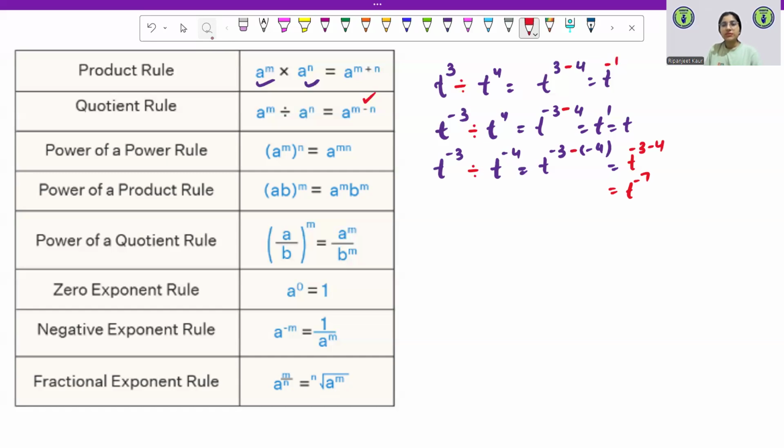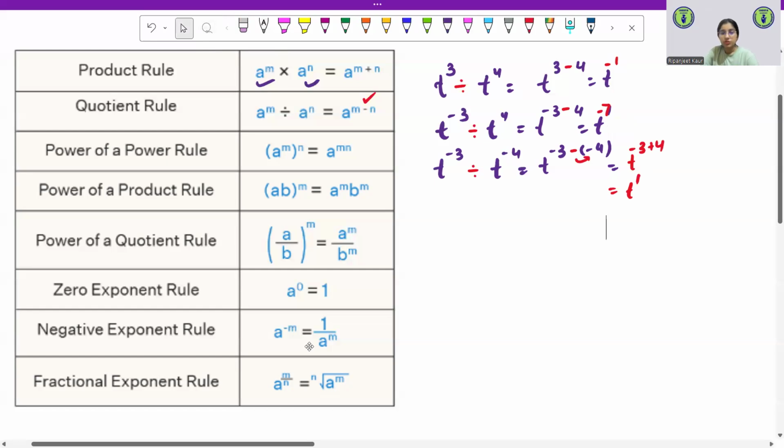Negative 3 minus 4 becomes a negative 7. Then negative 3 minus negative 4, minus minus becomes a plus. So in this case, it is negative 3 plus 4, which is power 1. So this is how we are going to apply the quotient rule.